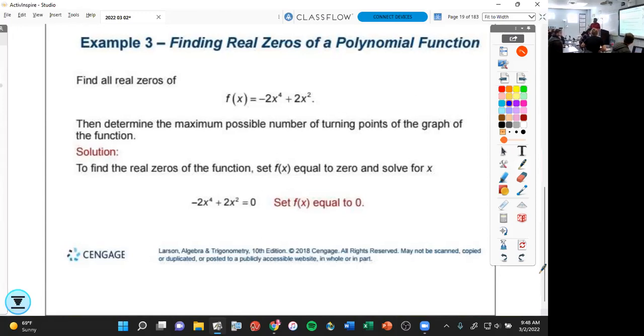This is a 4th degree polynomial. But thanks for trying. Yes, I could factor out a 2x squared, but I would actually want to factor out a negative 2x squared because the leading coefficient is negative, right? So if I was to factor out a negative 2x squared, what's left?